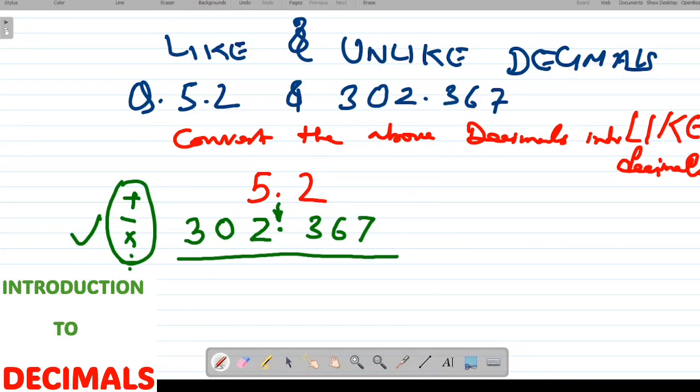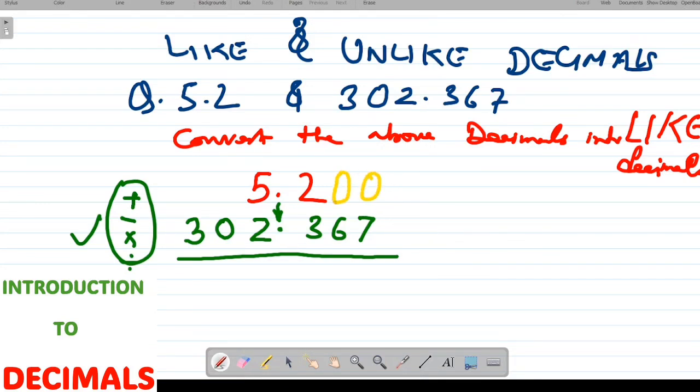So after marking the decimal, from the right hand side, if nothing is there, you can put 0, 0. Let me put it in a different color so that we can identify it very easily.